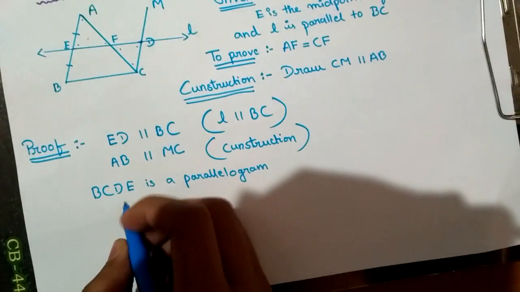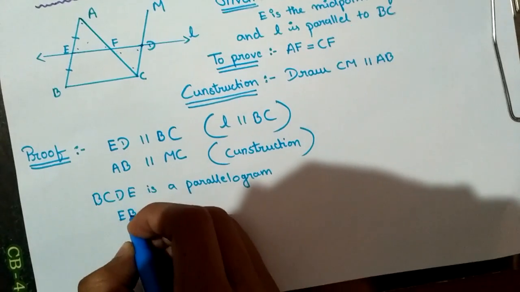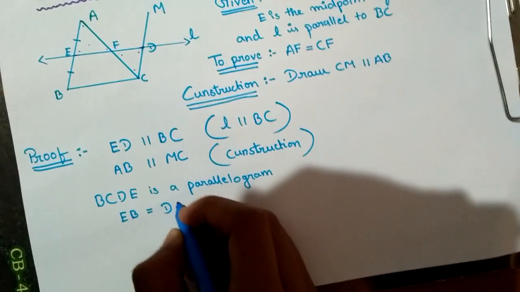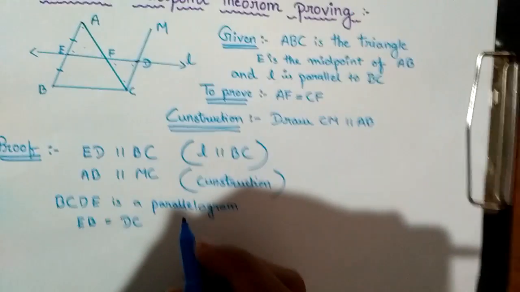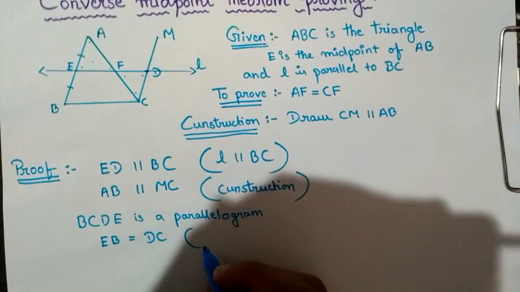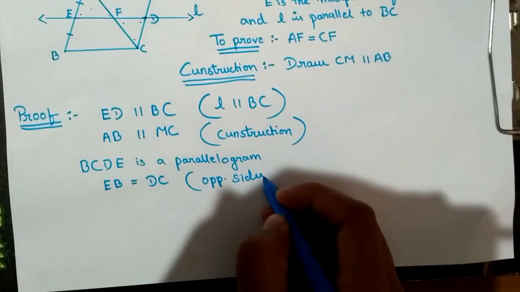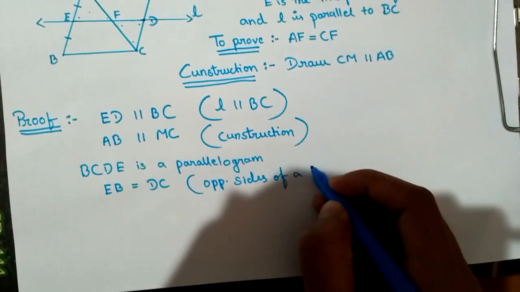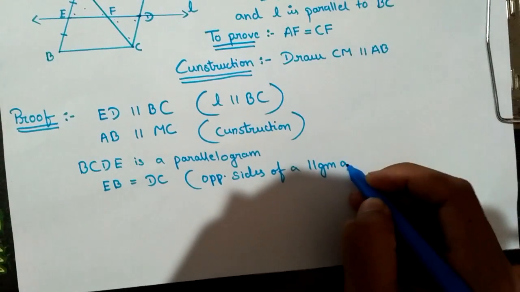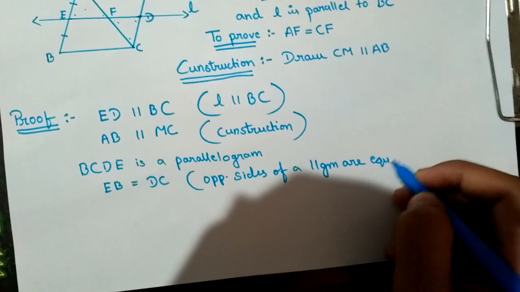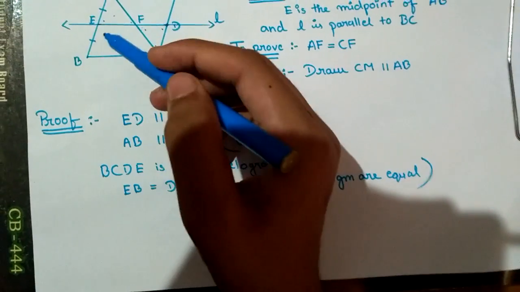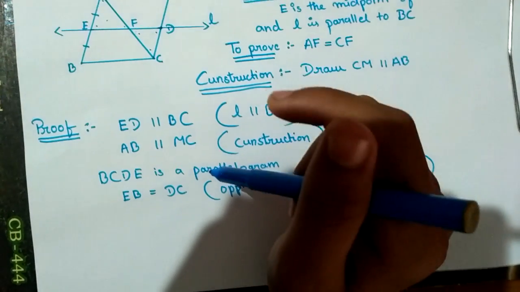And we can write here that EB is equal to DC, as the reason behind it is opposite sides of a parallelogram are always equal. We know that EB is equal to DC.